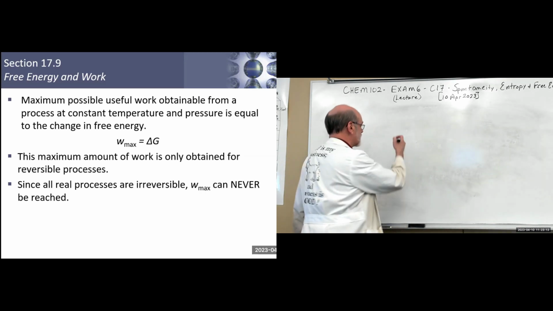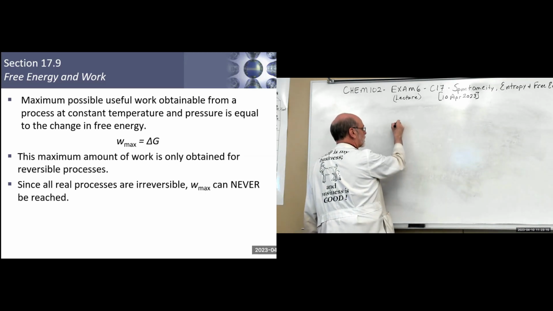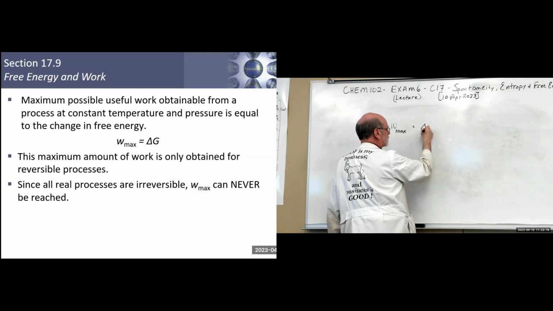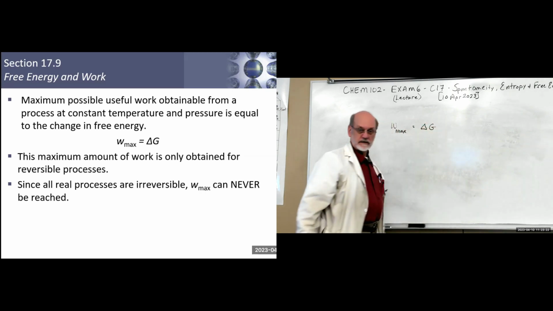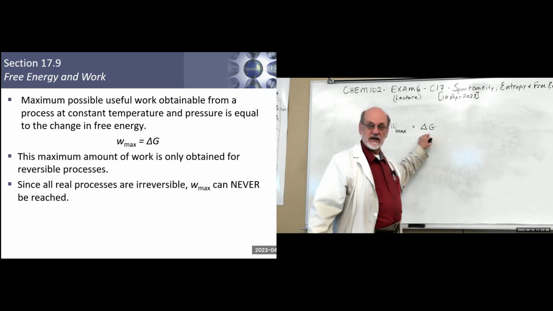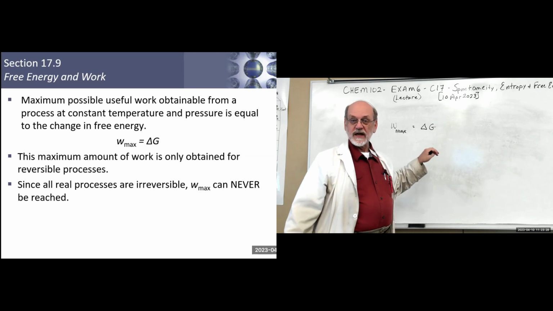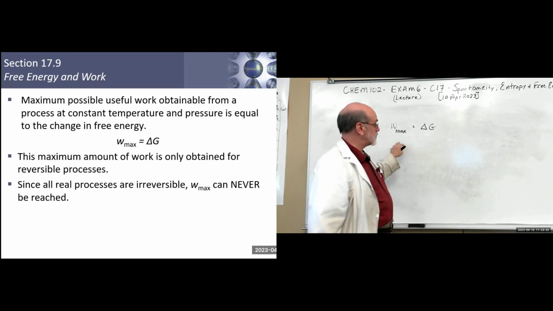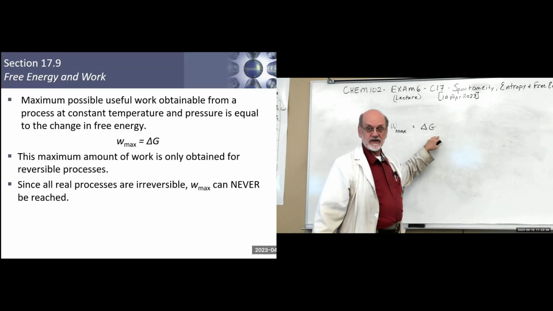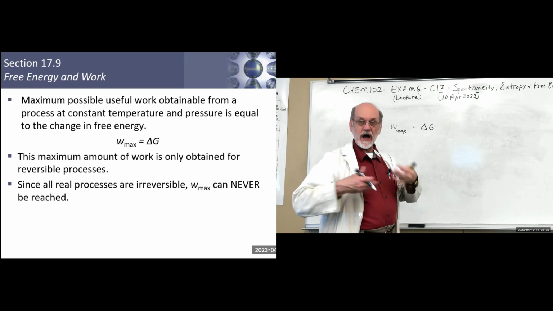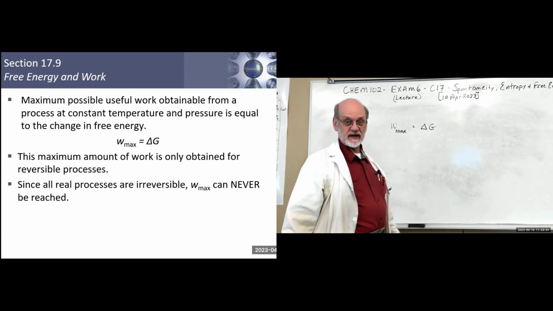Well, the premise says that the maximum amount of work is equal to the Gibbs free energy. The change in Gibbs free energy is equal to the maximum work. It usually isn't all the work that you can get from the change in free energy, because there are other factors that rob you of that available energy.